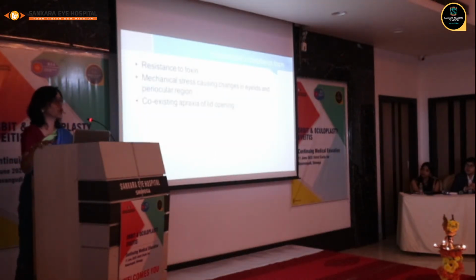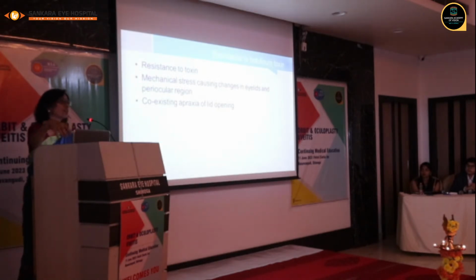Resistance to botulinum toxin, people say people get resistance. But resistance per se is actually in a very small number of patients. It's more that the patients are getting more severe disease as time goes by, so you need a higher dose. Nowadays, the injections we get don't have that much protein content. Patients don't get sensitized. There's also mechanical stress.